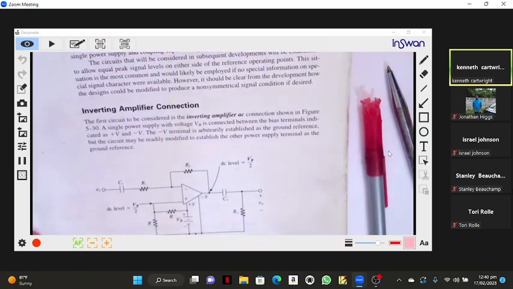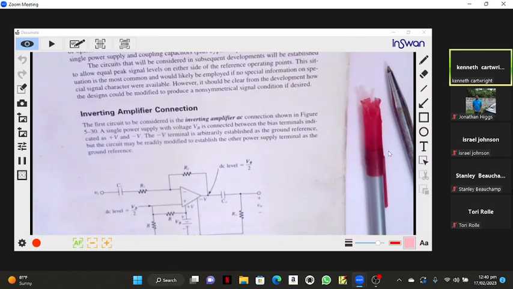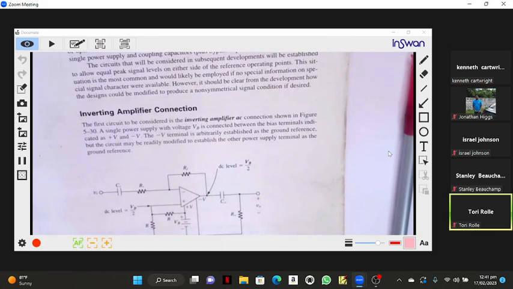Are we going to use the highest frequency or the lowest frequency? Is the high frequency the worst case scenario?